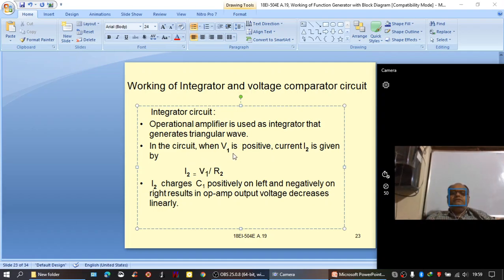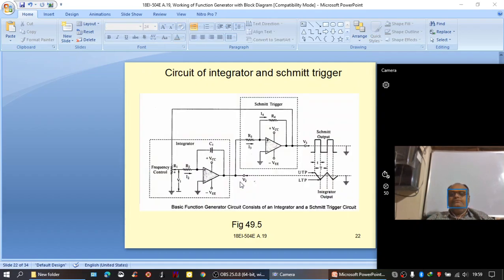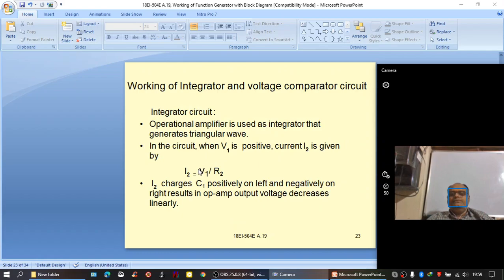In the circuit, when V1 is positive, current I2 is given by the expression I2 is equal to V1 by R2. That I have shown already. This is V1 and this is the resistance in the path of current, so naturally it is V1 by R2. I2 charges C1 positively on left and negatively on right, which results in the op-amp output voltage decreasing linearly.